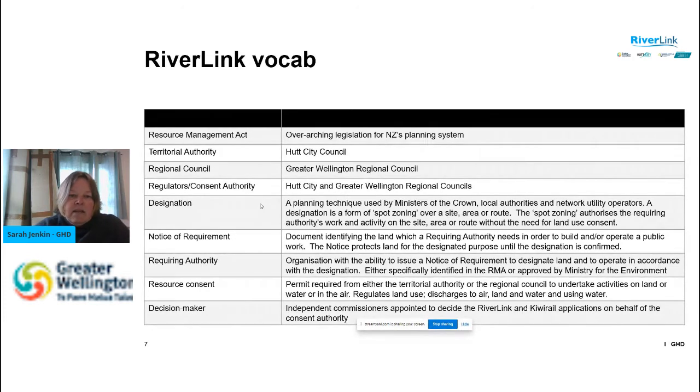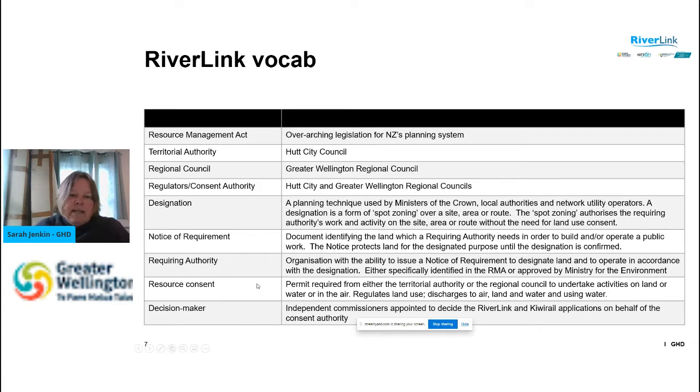And then the people or the organisations who are able to issue these notices are called requiring authorities. And they include local authorities, network utility operators, and the Crown. So Waka Kotahi, KiwiRail, Hutt City Council, Greater Wellington Regional Council, they're all requiring authorities. So they're specifically able to use this particular process.